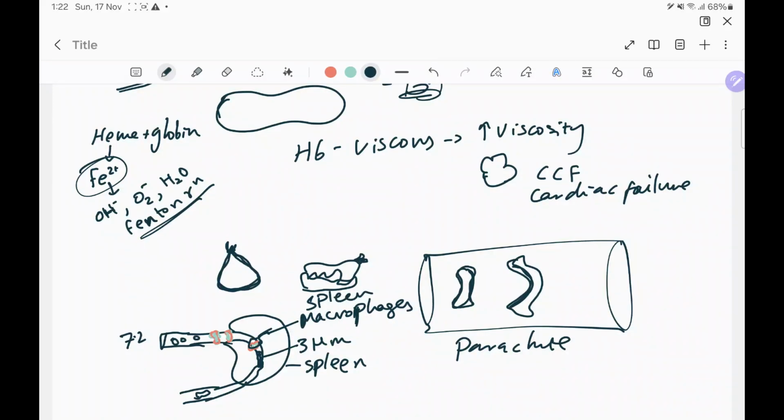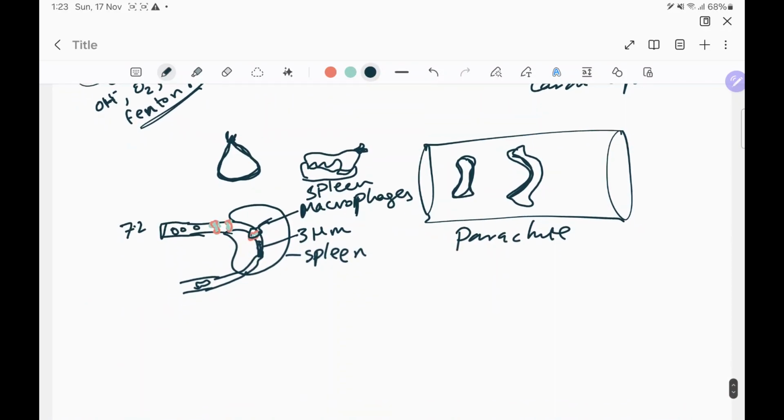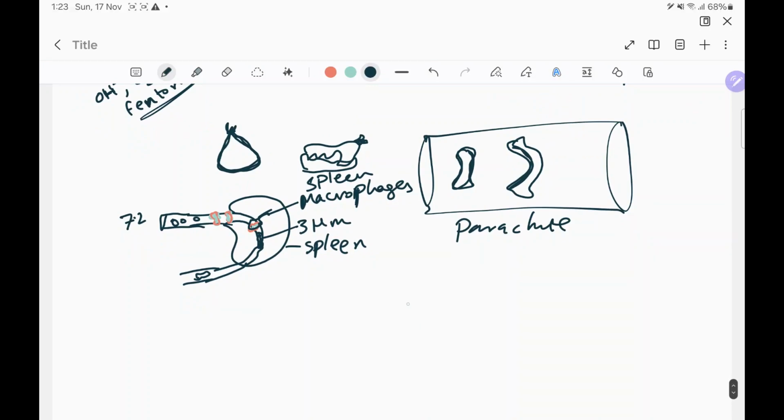And they eat up any of these red cells that block the road, this capillary. That's how we get rid of old cells and allow for the formation of newer, healthier, more flexible cells. So we'll consider this RBC to have a biconcave discoid shape. Yes, but it is very flexible, especially the young ones.